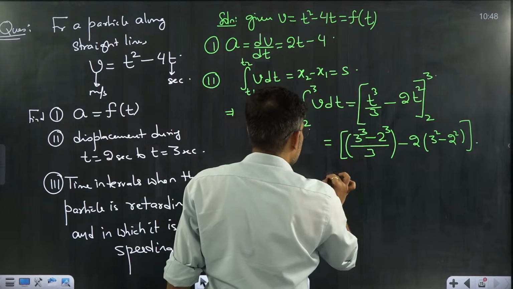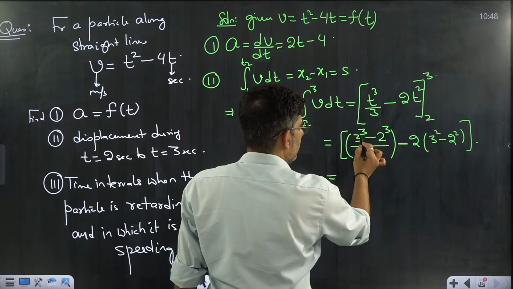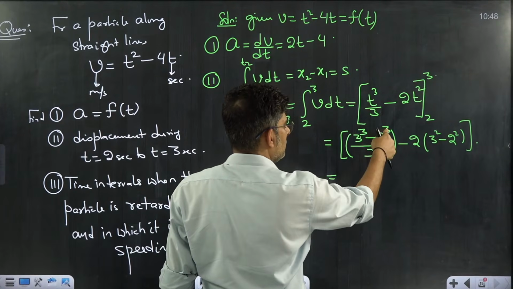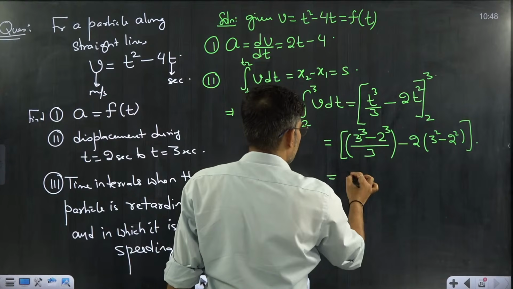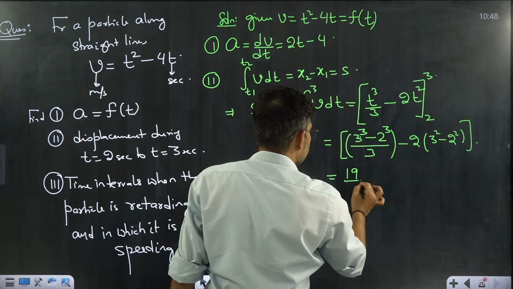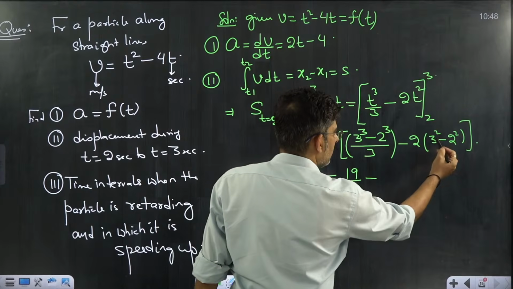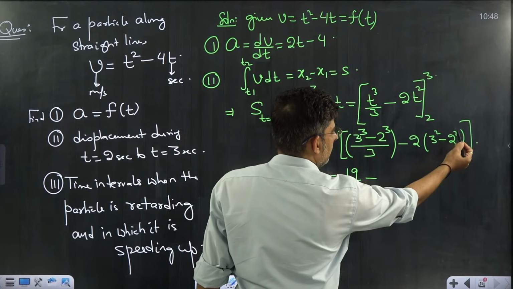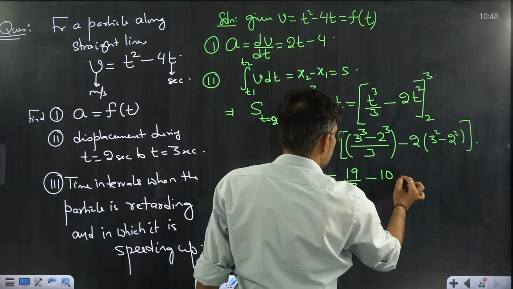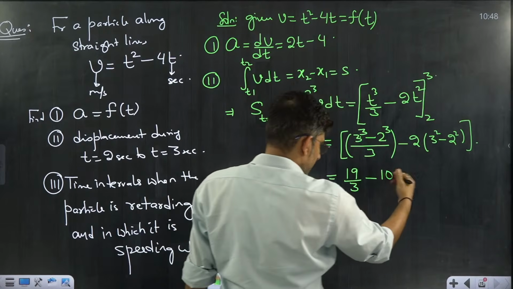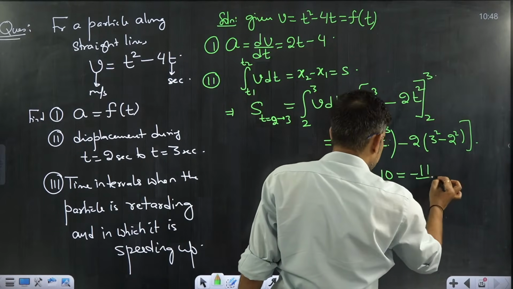So from here, 27 minus 2 cube, 8, so it will become 19 by 3, minus 3 threes are 9 minus 4, 5 twos are 10, so 19 by 3 minus 10, which is 19 minus 30, minus 11 by 3 meter.